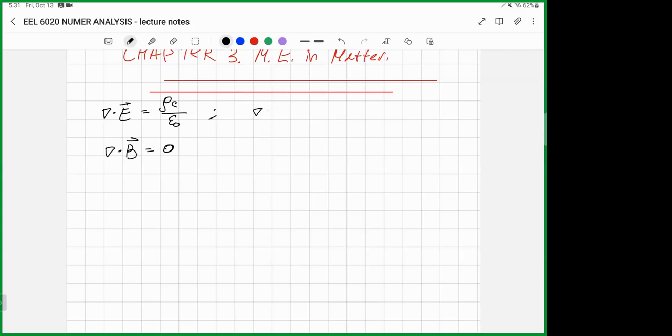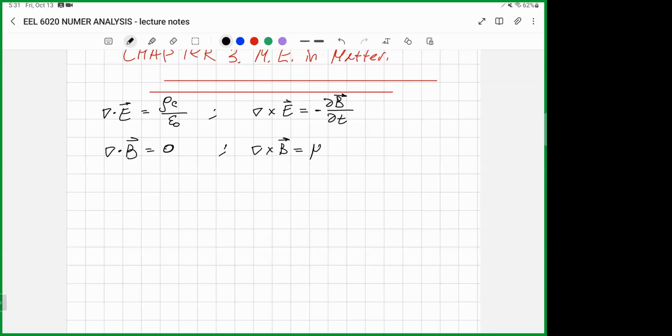Another equation was about the curl of the electric field, and it's given by minus dB over dt, right? And finally, the curl of the magnetic field.